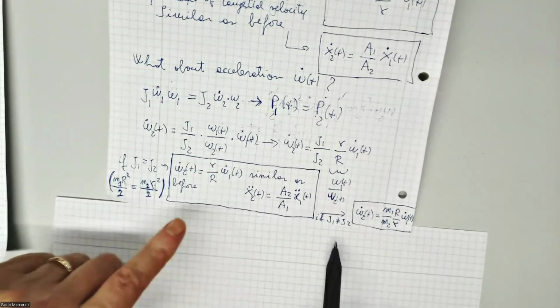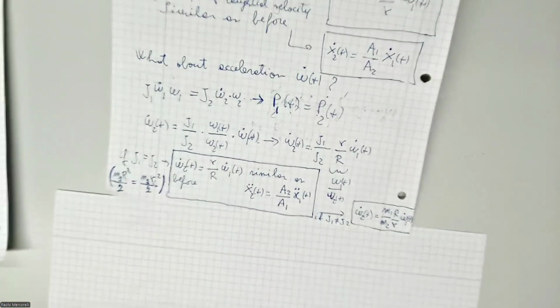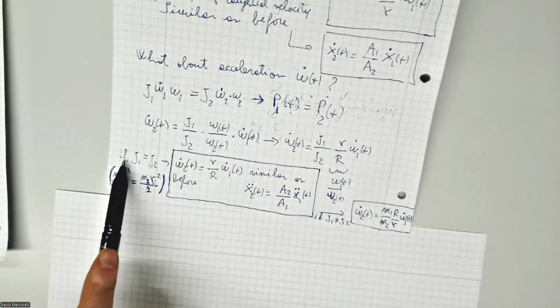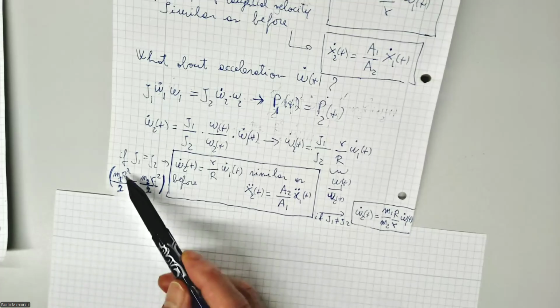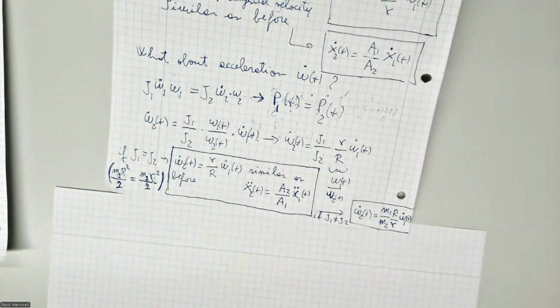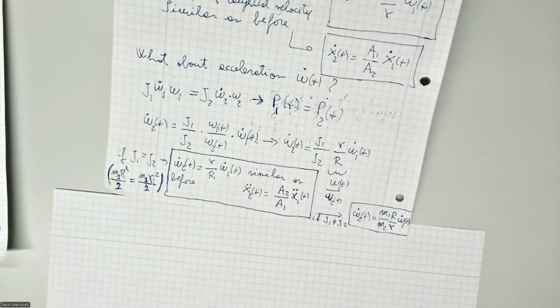Of course, if J1 is not equal to J2, because J1 equal to J2 means, you remember, in a disk, this is the inertia J1, this is inertia J2. Let me see how I can tell you a little bit more about that.